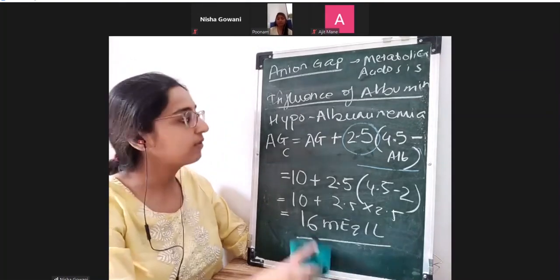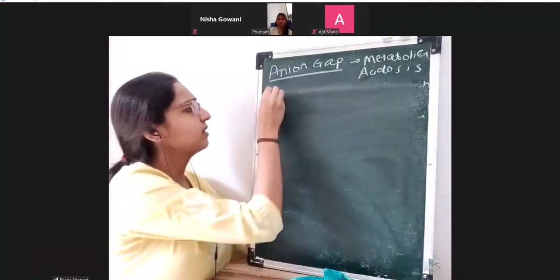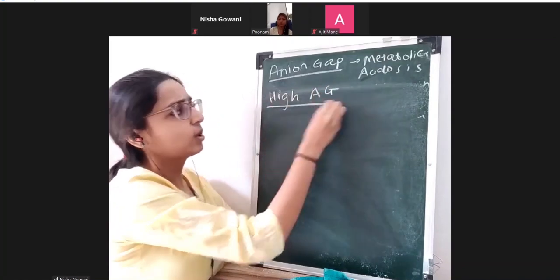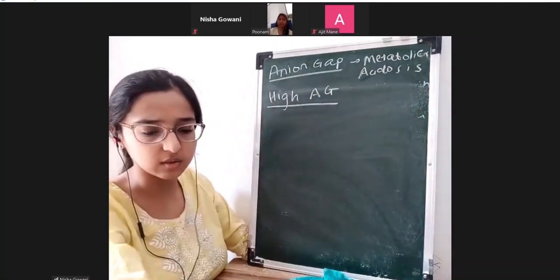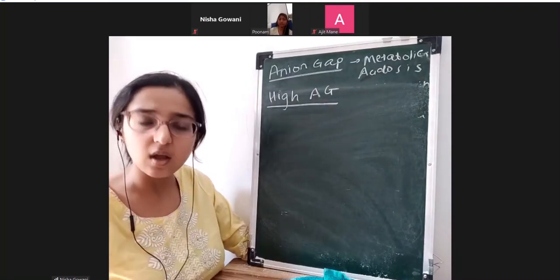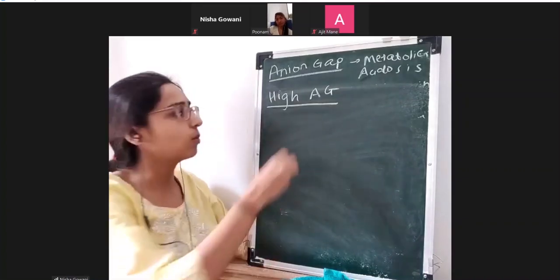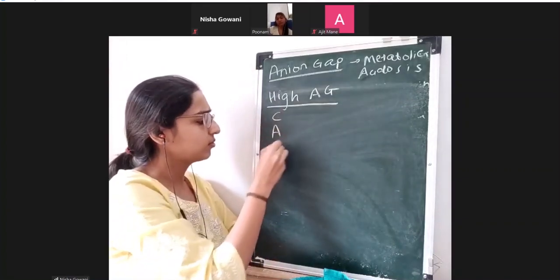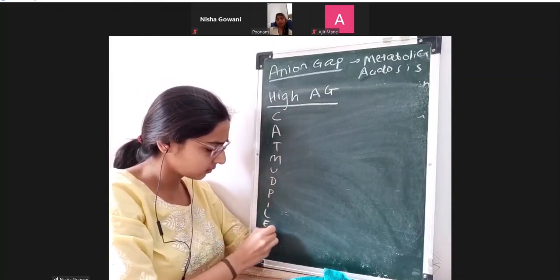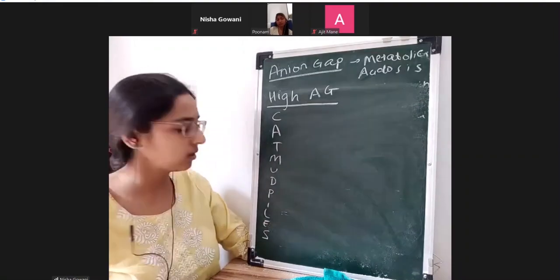Now we have to understand which are the conditions where you will have high anion gap metabolic acidosis. It will occur when there is any collection of organic acids, or there is some problem in the excretion. So there is a mnemonic. I don't know if you remember this. Is this mnemonic anything you remember?